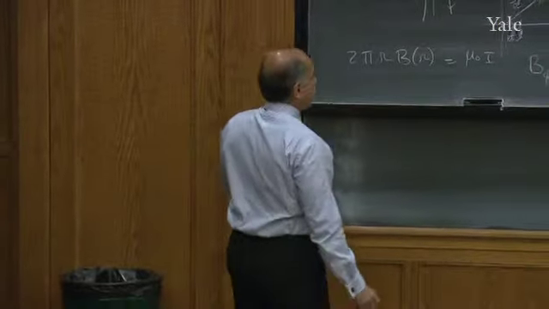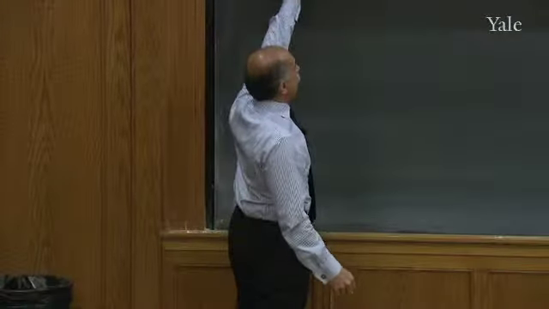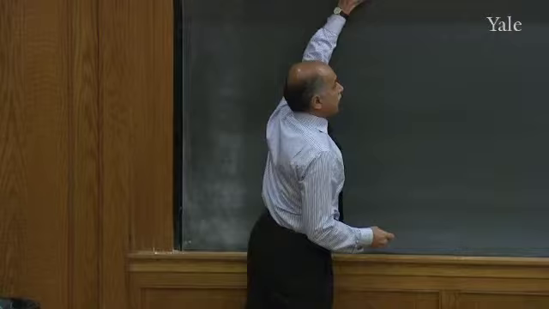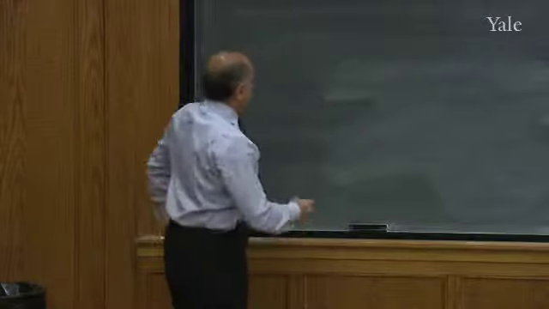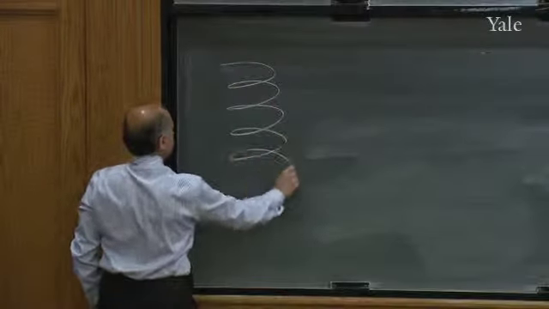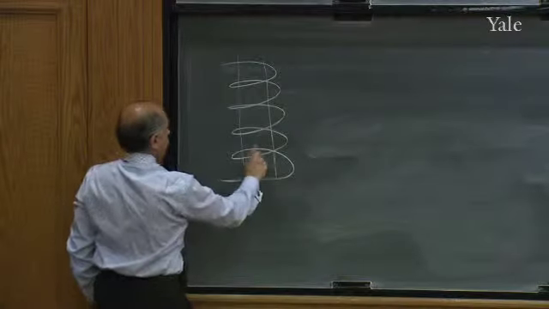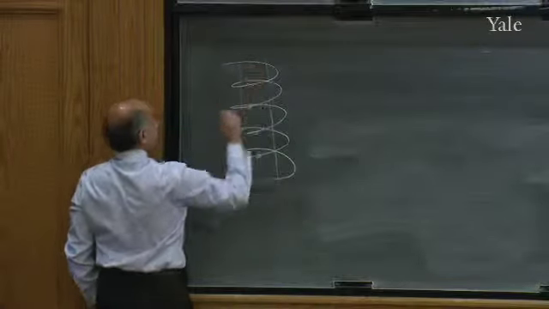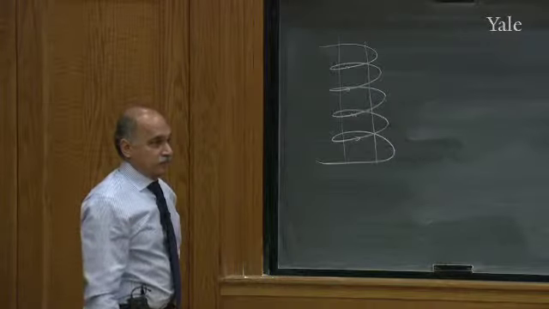But now I want to consider two new problems which I didn't study last time. The first one is going to be very important: the solenoid. Imagine on a tube, you wrap some wire many, many times, and you want to find the magnetic field.